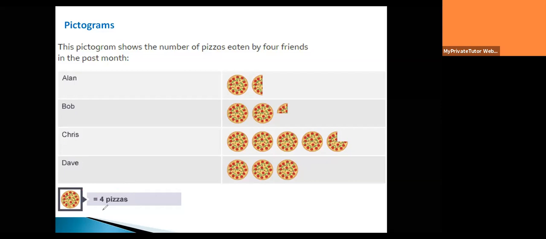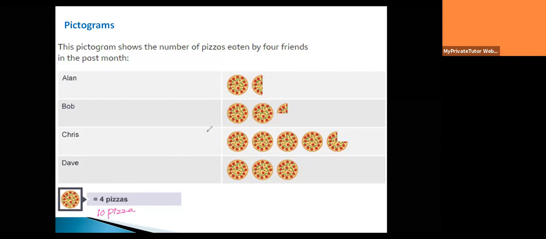If you want, you can assume 10 pizzas. It depends on the total data which we have. If we have bigger data, then we might need to assume that one complete circle is 10 pizzas, like that.